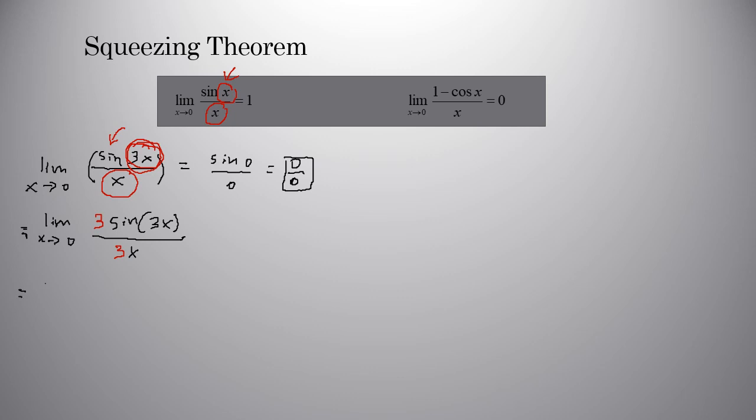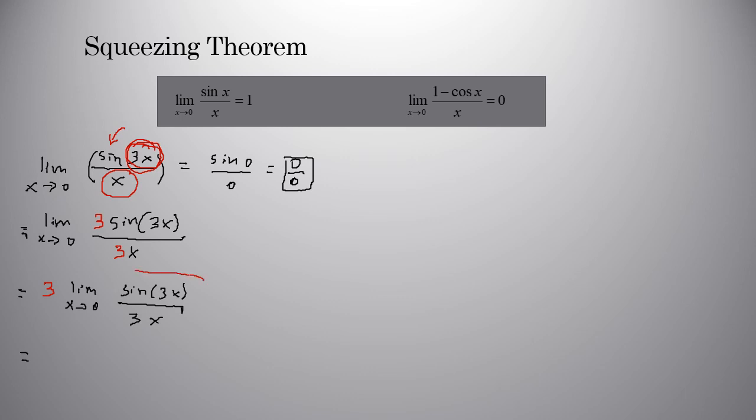Then we can write 3 outside, multiplied by the limit as x approaches 0. So the function in the limit is sin 3x over 3x.